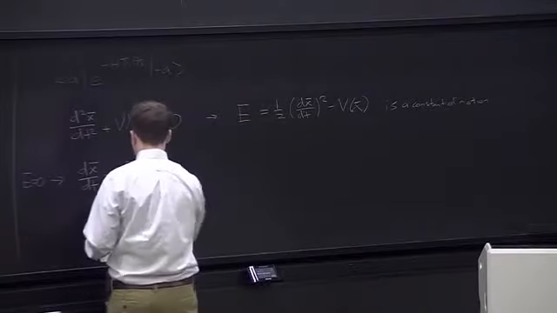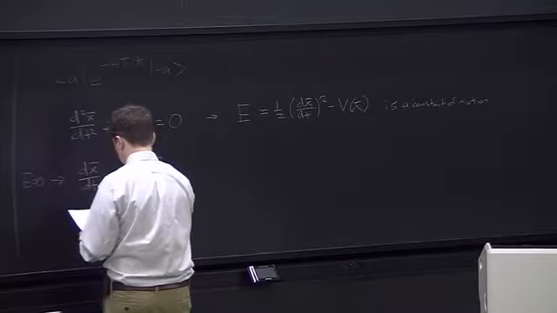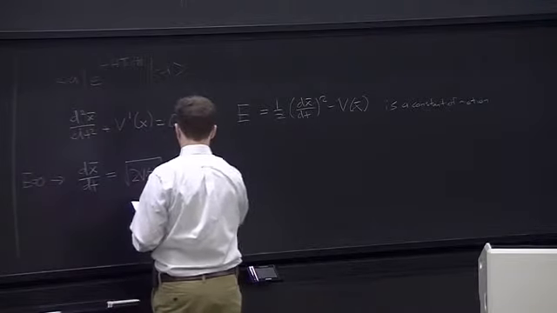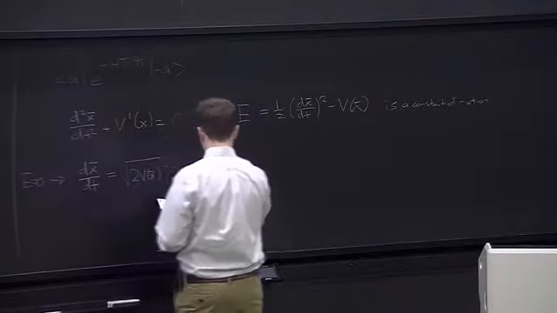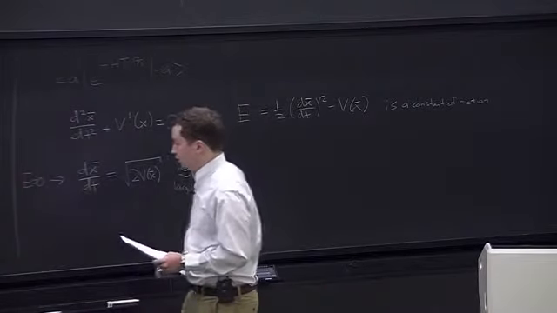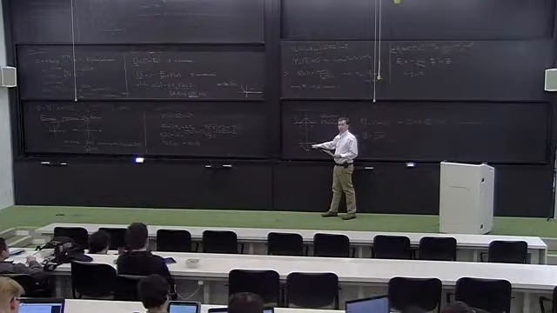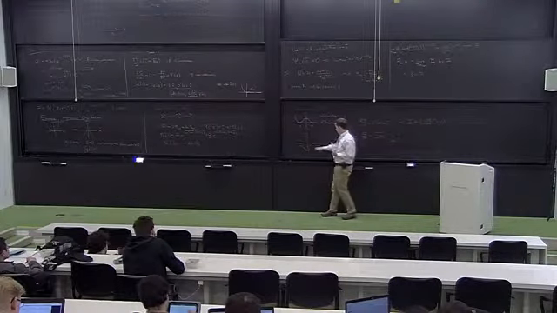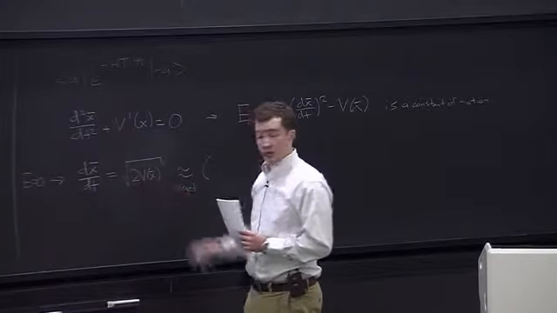And for large positive or negative t, we can solve this approximately. For large t, the particle is near A. So we can Taylor expand V of x.